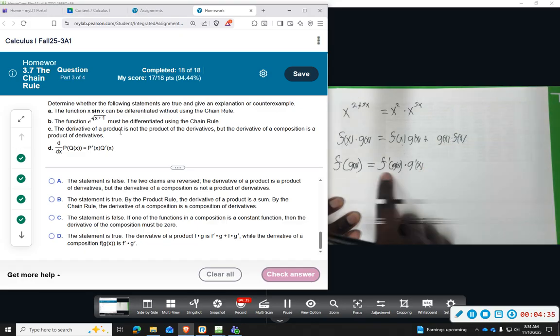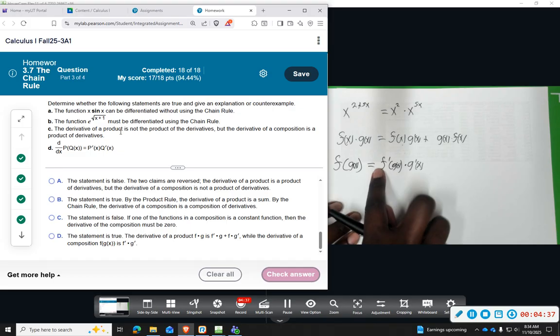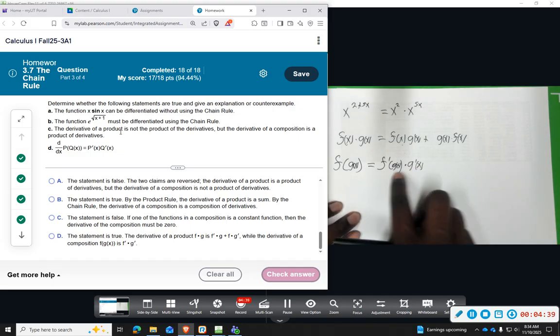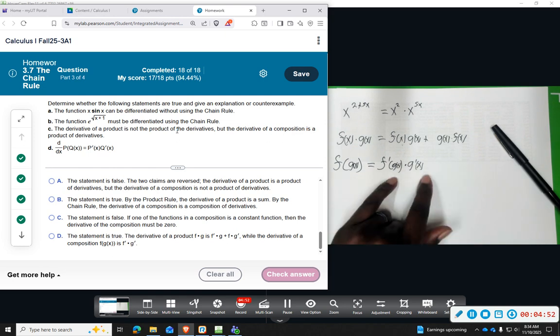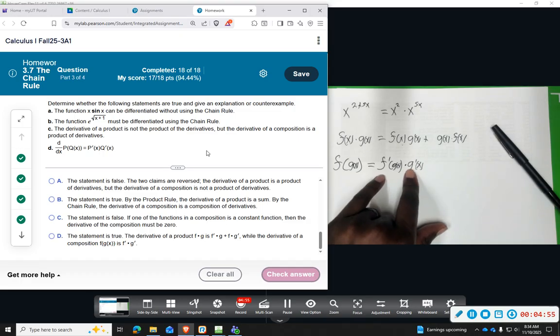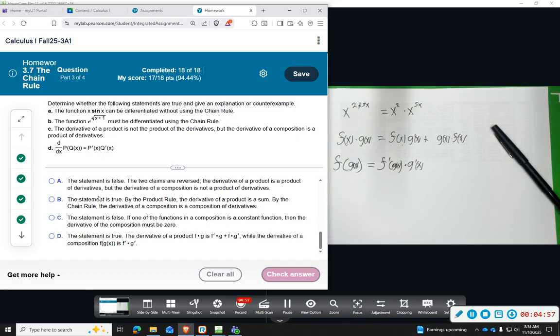So we do end up with a product here, f and g being multiplied, but you got to make sure it's being evaluated at g of x. So that's the only difference. But it says the derivative of a composition is a product. Okay, it is a product, multiplication of those two derivatives. So we'll say that is a true statement.